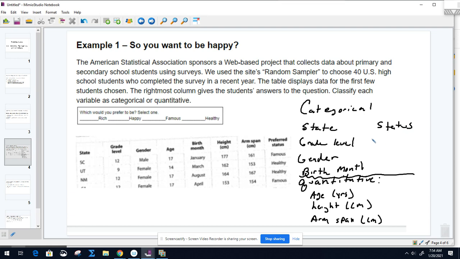So these are the different sections that we could break this up into, whether it's quantitative or categorical. With categorical, we can count the number from each category, but quantitative allows us to find different measures of average and certain things like that with the units.